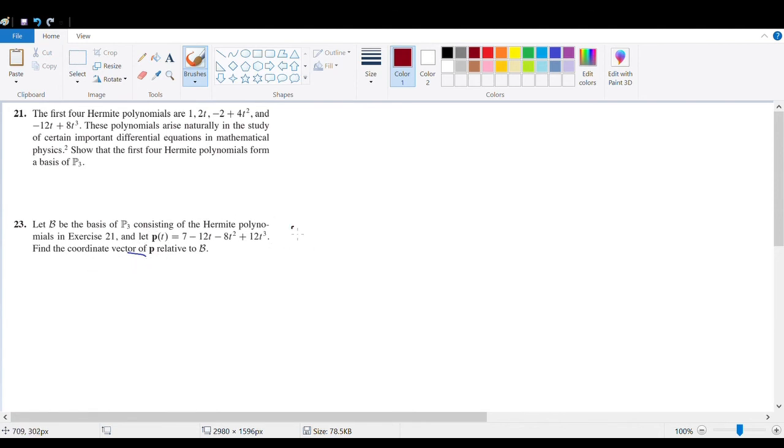So we have p(t) equal to 7 minus 12t minus 8t squared plus 12t cubed. We need to find the coordinates that make the linear combination equal to this.